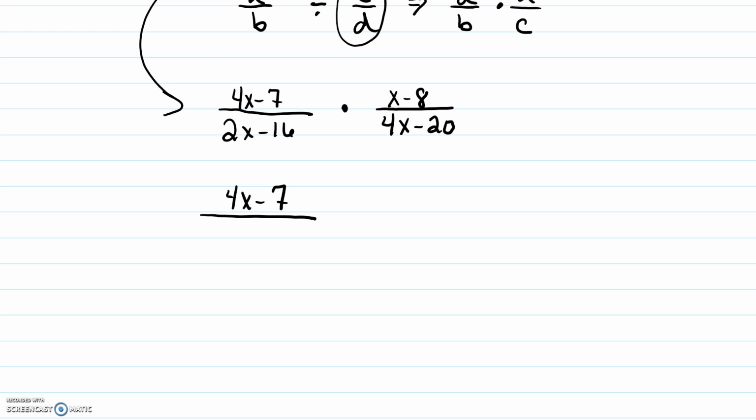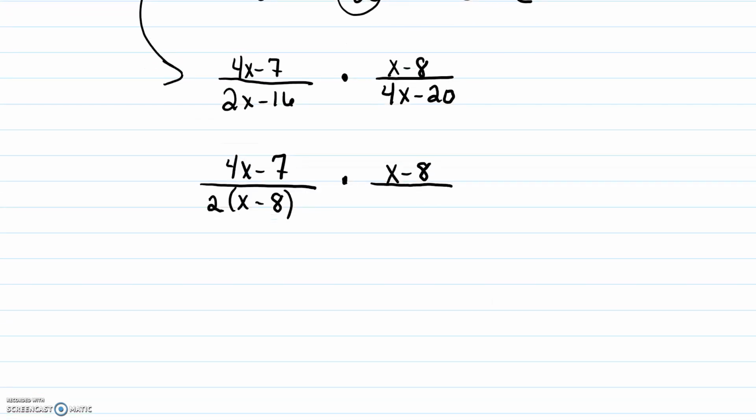2x minus 16. Again, you have two terms, so check for a GCF. Both 2x and 16 have a common factor of 2, so we're going to factor it out. 2 times x is 2x. 2 times negative 8 is negative 16. x minus 8, that's factored as much as it can be, no GCF, and no difference of squares. 4x minus 20, again, check for a GCF first.